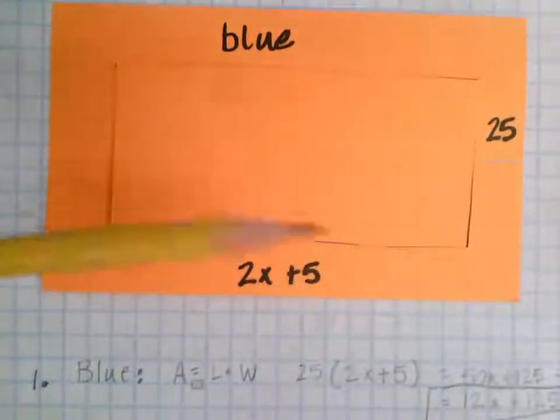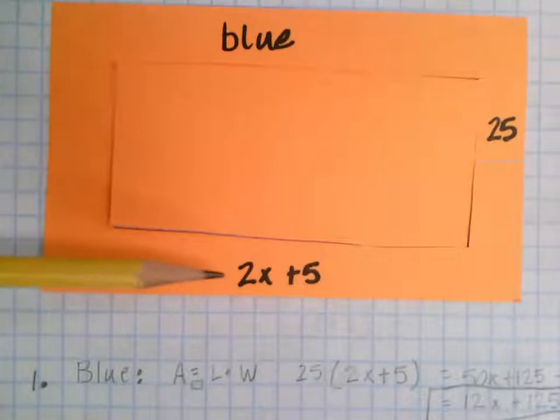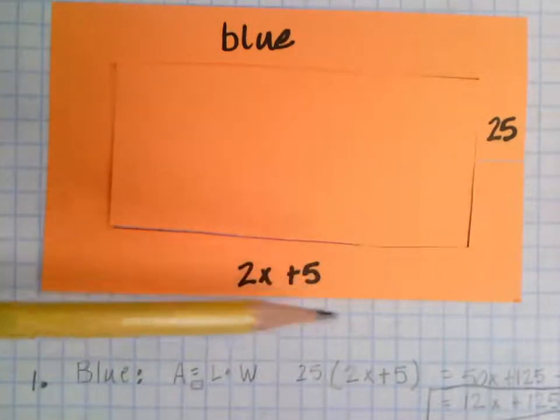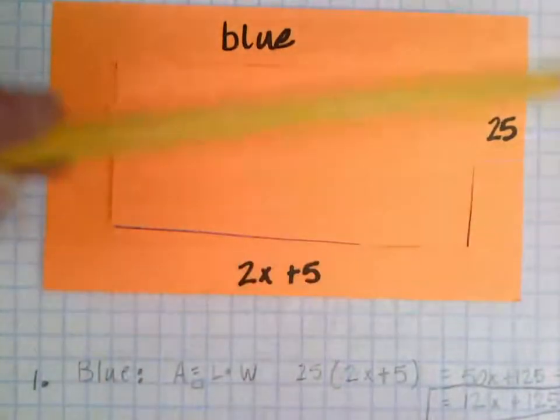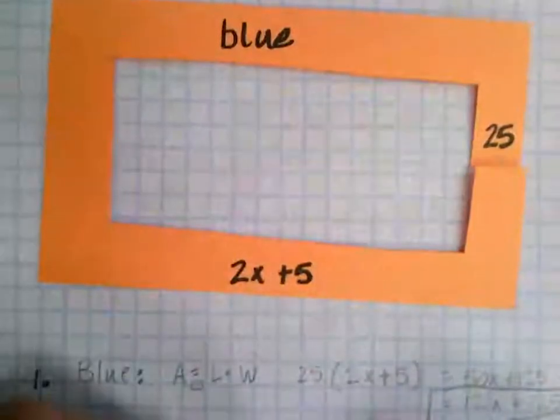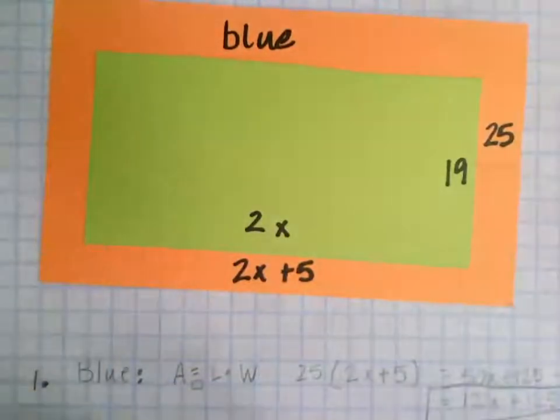So if I take the 25 times the quantity 2x plus 5, that would give me the total area that this is covering. That should be the same as all of these parts added together.